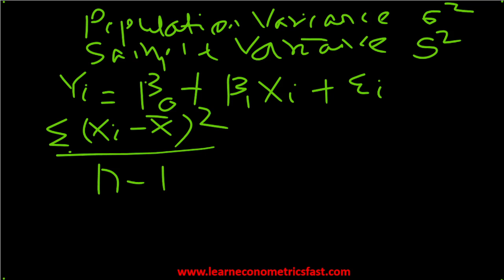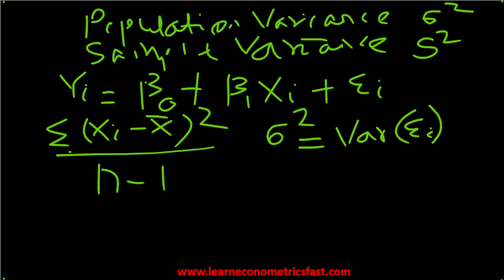Another thing is, if someone says to you the variance, that is sigma square, is equal to the variance of the error term, and this is also equivalent to variance of yi. Understood?